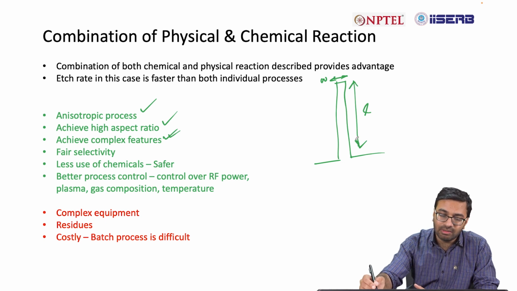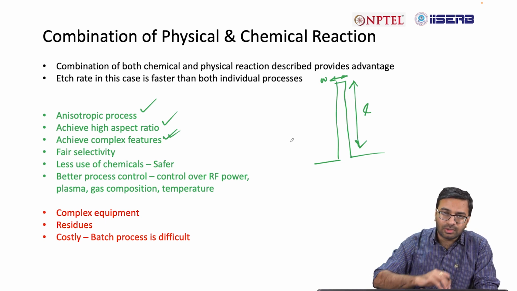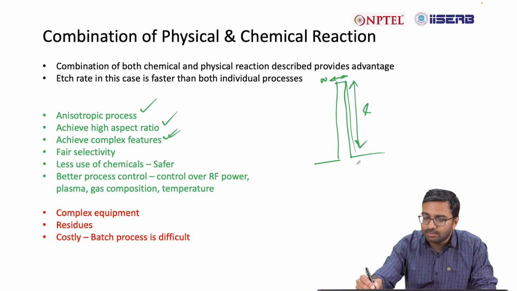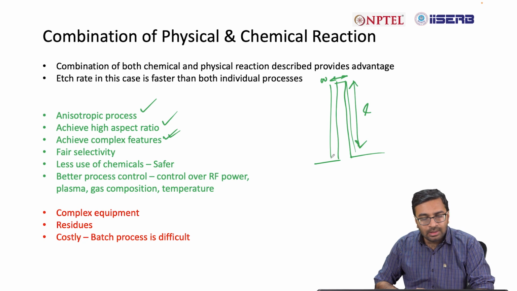In such a situation, you will find dry etching processes very useful because the anisotropy is much higher, right. And this also helps us in achieving different complex structures.